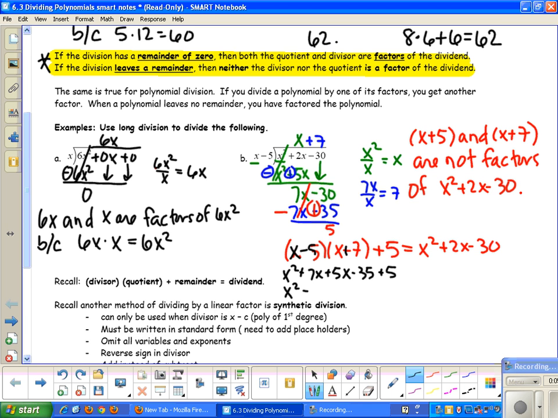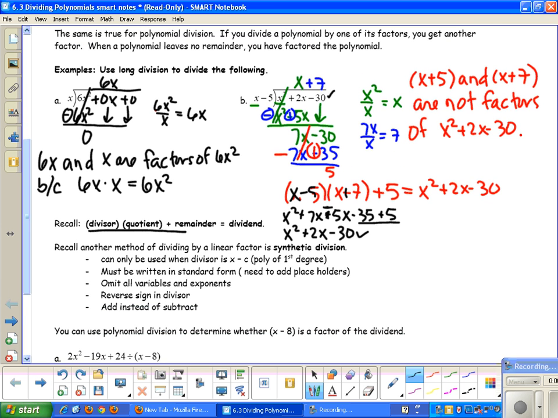So this would be plus, and this would be minus right here. So that would give me plus 2x, and then 35 and 5 would be minus 30. So that would give me this answer right here. And because of that remainder part, we know that they are not factors of the given polynomial.